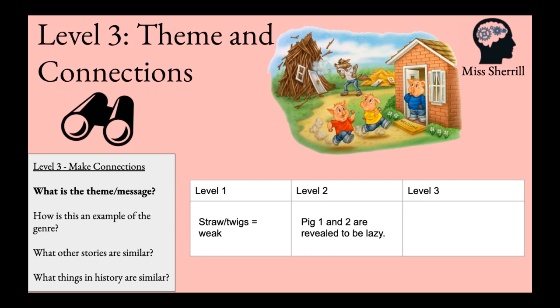Well, if 1 and 2 are revealed to be lazy, a theme could be this presents a theme that people shouldn't take shortcuts to achieve a goal. Okay, so this is how we can apply the theme. Remember that the theme is the message the author is trying to portray to us through a story. Okay, so 3 little pigs, we saw 2 different themes. You know, don't be violent, also don't take shortcuts.